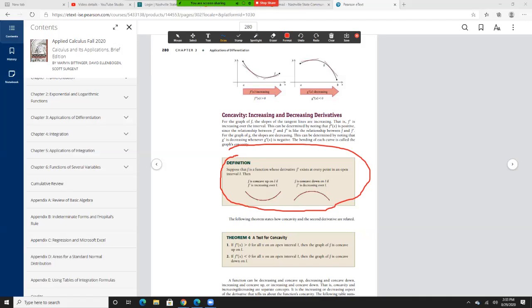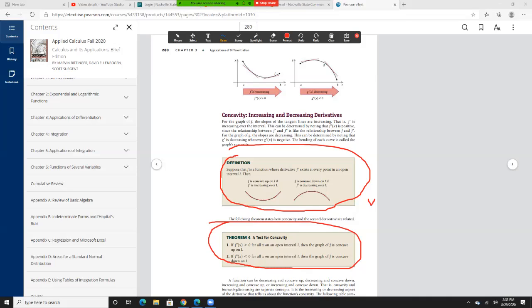In other words, it's negative. And that leads us to theorem 4, a test for concavity. If the second derivative is positive for all x values on an open interval, then the graph is concave up. And if the second derivative is negative for all x's on an interval, then the graph is concave down.